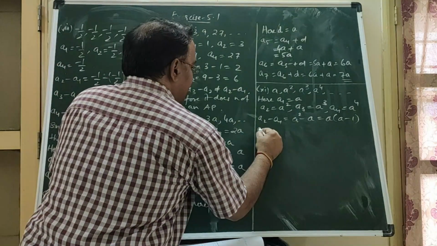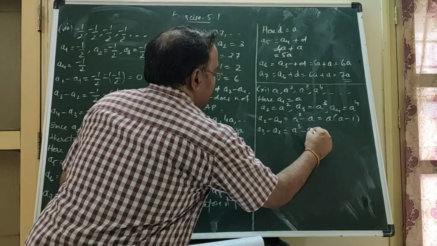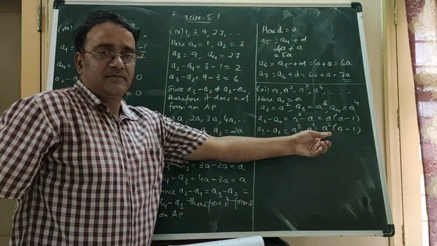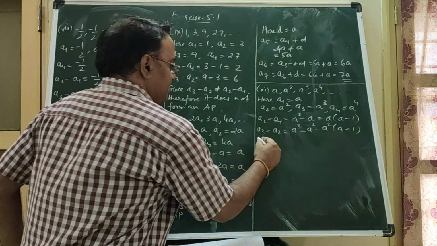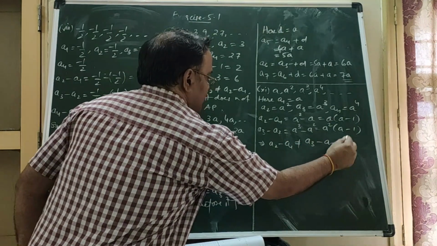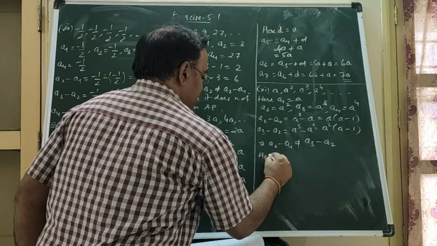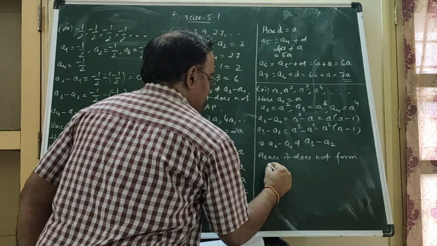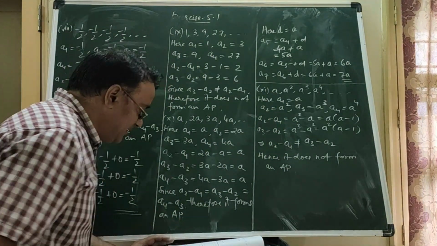The second difference is A3 minus A2, that we can write as A cube minus A square, so we can take A square common. Now clearly these two differences are different. So we conclude that A2 minus A1 is not equal to A3 minus A2, hence it does not form an AP. Clear?